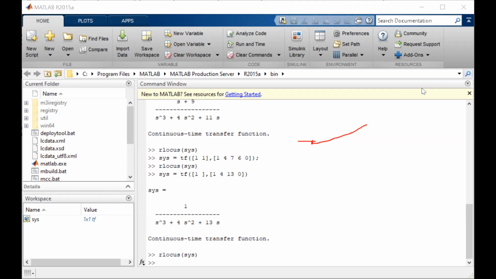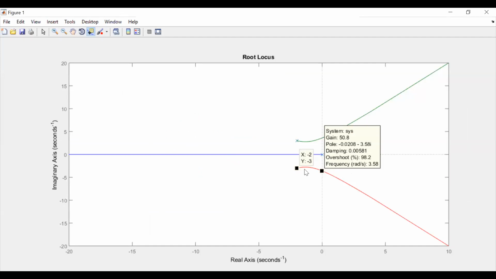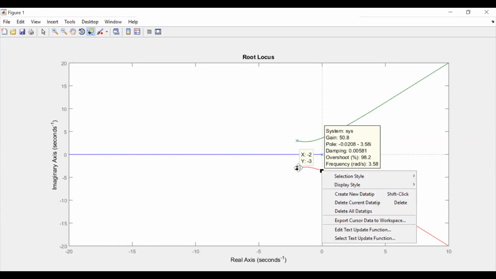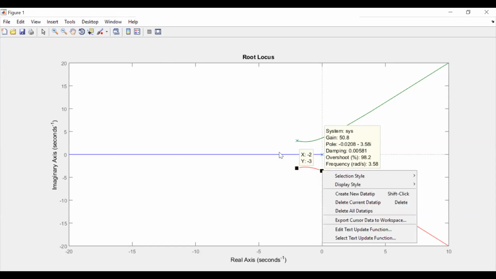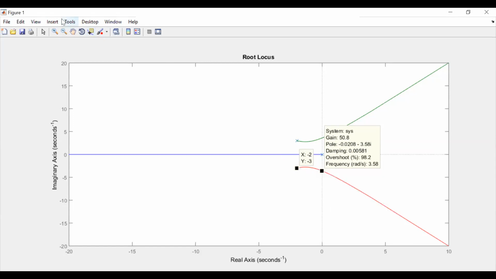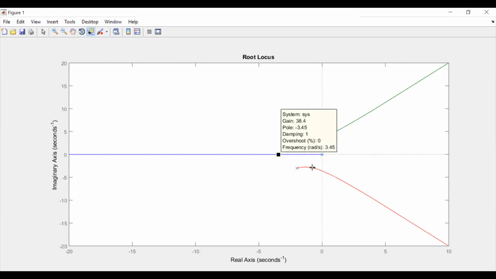I did not share this. Sorry, this is the root locus that we have got. As we move this point along the root locus, we have a point here.